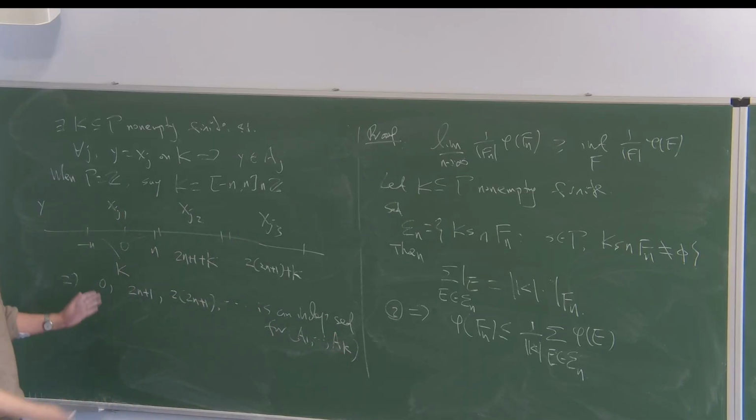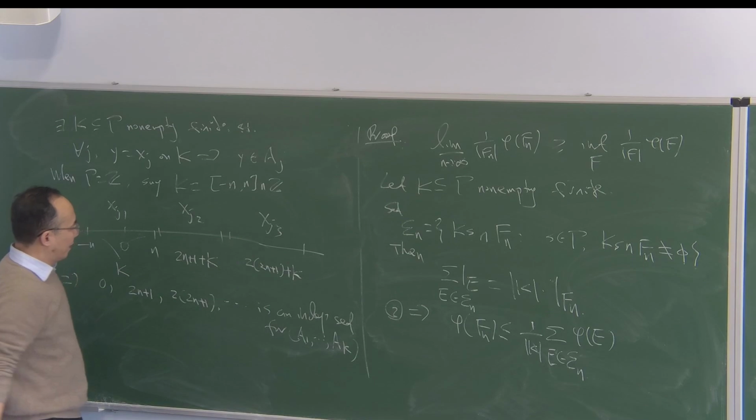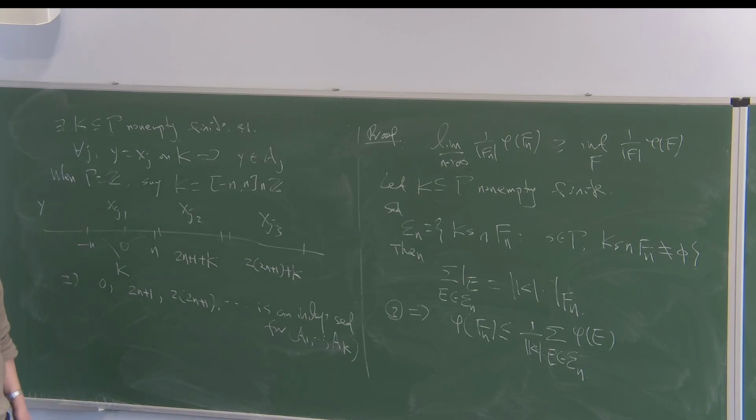Now you can take bigger intervals as the further sets. Then you see that you get a density at least 1 over 2n plus 1.